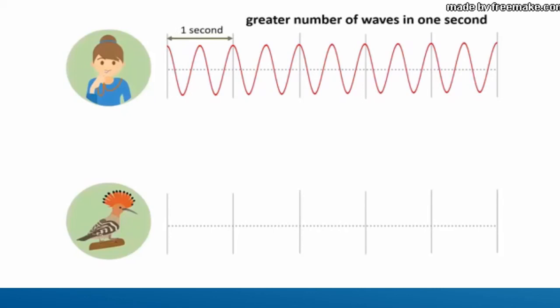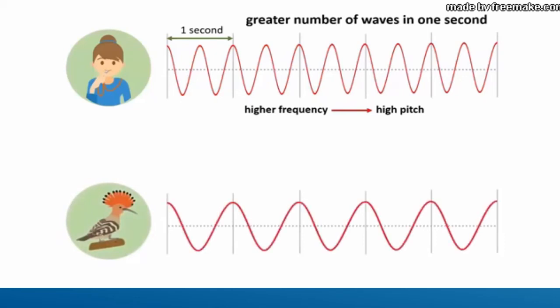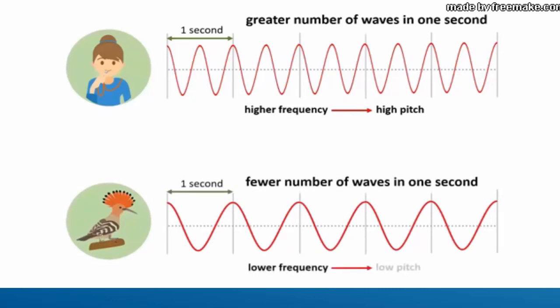It means that it has high frequency, which results in a high-pitched sound. In the case of a hoopoe bird, however, fewer number of waves pass in 1 second, resulting in a low-pitched sound.